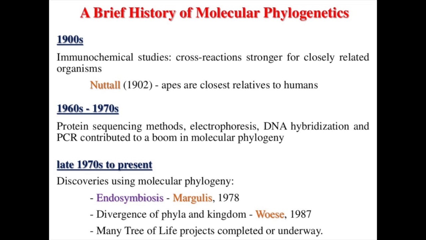Before we get into more of molecular phylogenetics, we want to know, well, what is it exactly? And I think reading the brief history of molecular phylogenetics will help us know what exactly it is. So apparently in 1990, something happened in molecular phylogenetics, and Nuttall discovered that apes are the closest relatives to humans.